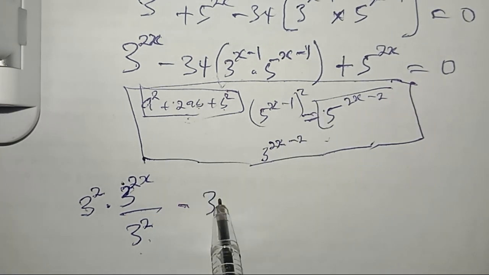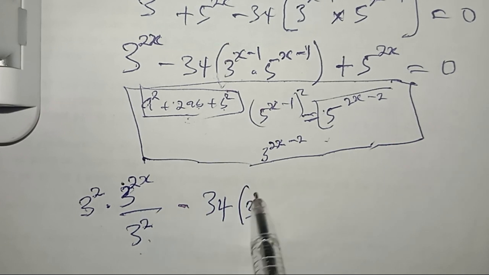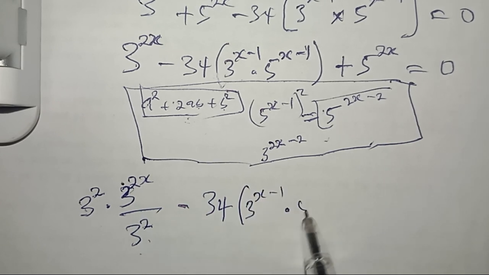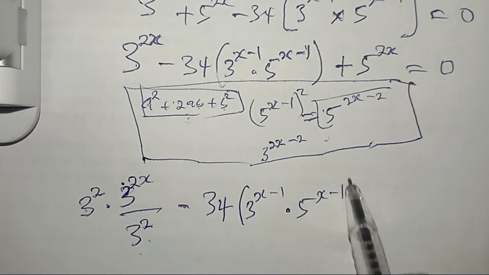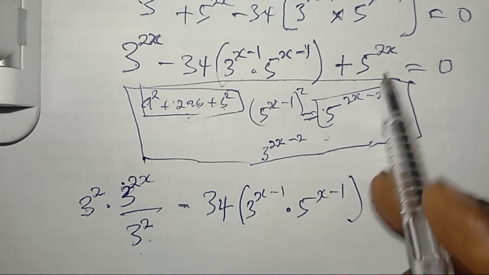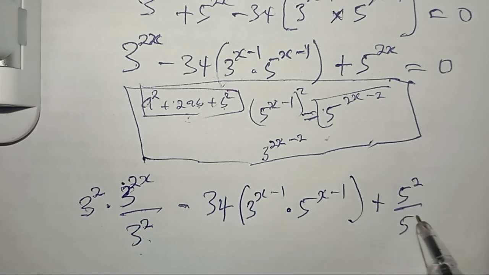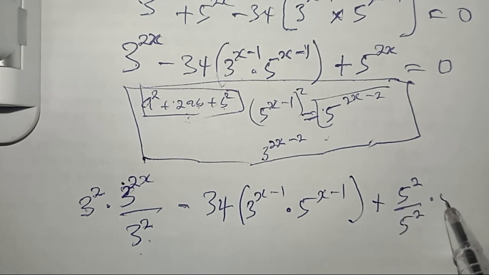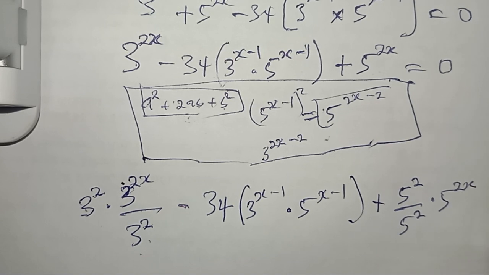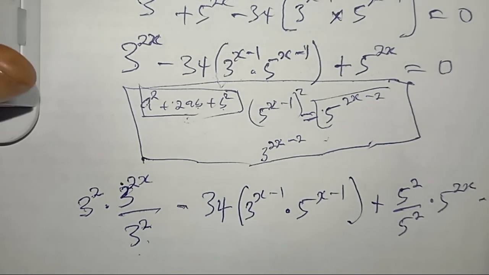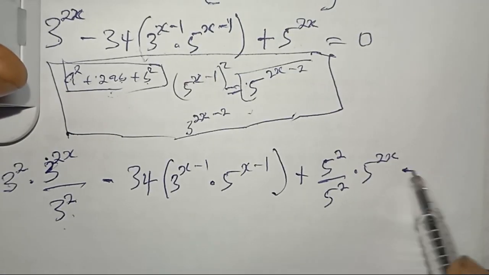Okay, so we keep this one as it is, 34 into 3^(x-1) multiplied by 5^(x-1). Okay, plus we still do the same here, so we have 5^2 divided by 5^2 multiplied by 5^(2x). Okay, and of course this is going to be equal to 0.